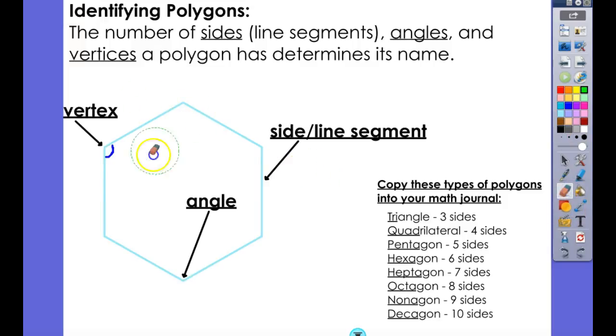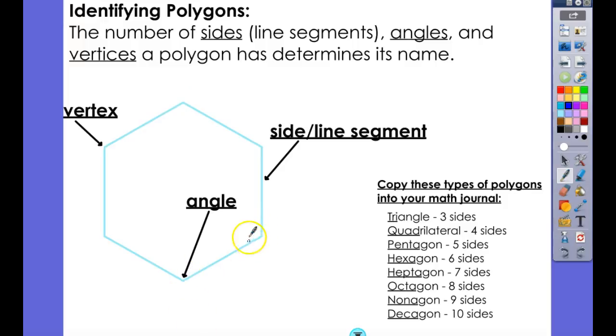So the way we can determine what type of polygon this shape is, or any shape is, what we can do is we can count how many sides, angles, and vertices that the polygon has. So this one has 1, 2, 3, 4, 5, 6 sides.